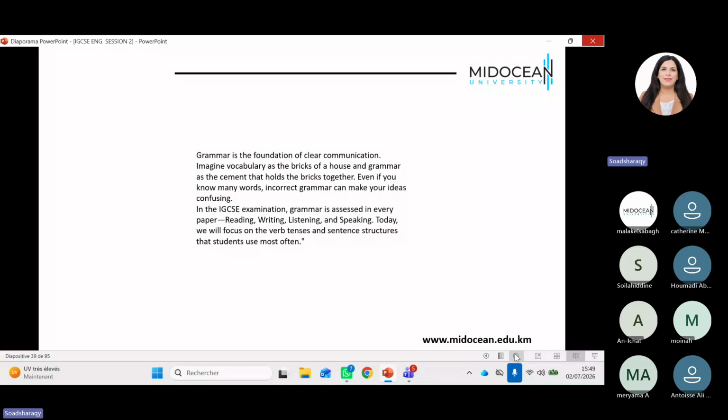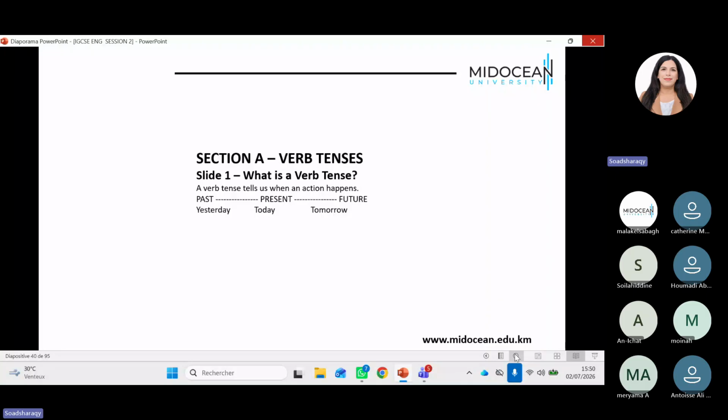Even if you know many words, incorrect grammar can make your ideas confusing. In the IGCSE examination, grammar is assessed in every paper: reading, writing, listening, and speaking. Today, we will focus on the verb tenses and sentence structures that students use most often.